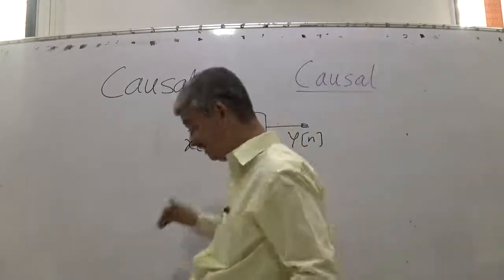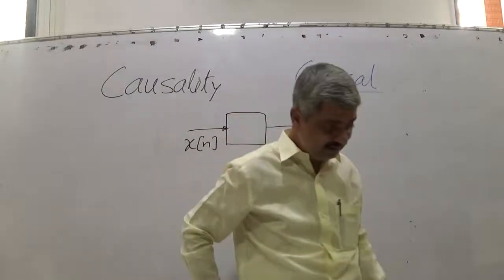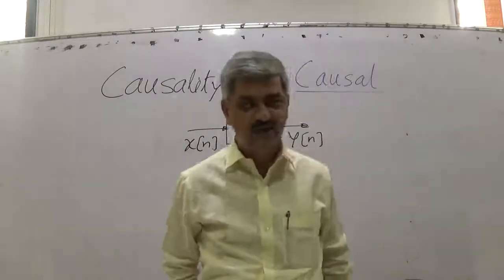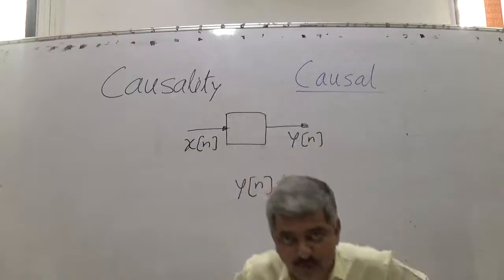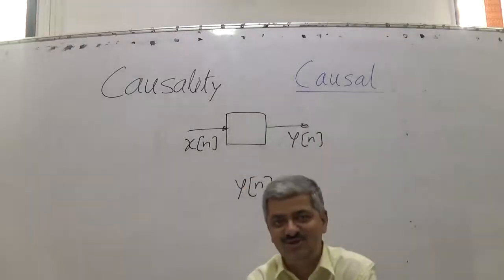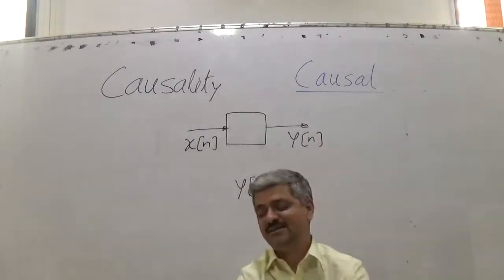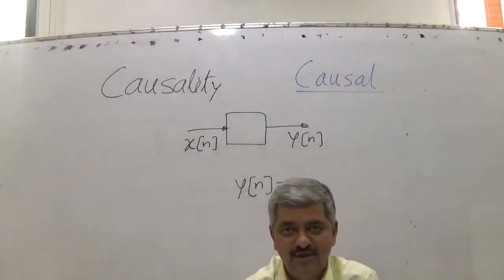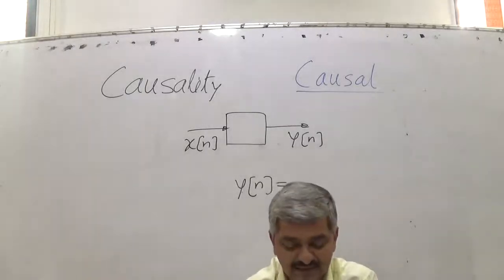While there are various properties, a normal system which we work with is linear, time invariant, causal and stable.